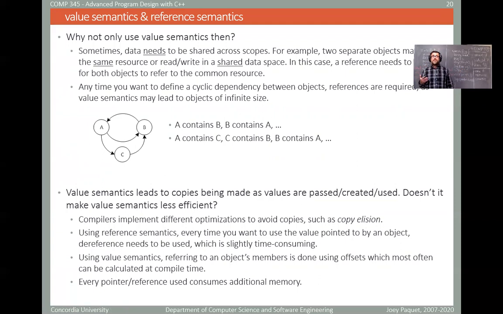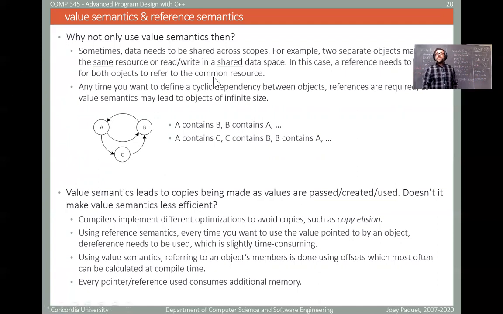If you have value semantics, you cannot have cycles because that leads to creating objects of infinite size. Well, when you want to know the size of a node or a territory, then you basically compute the addition of all the sizes of all of its components. So if you have a cycle like this, then that basically creates infinite size. Okay.